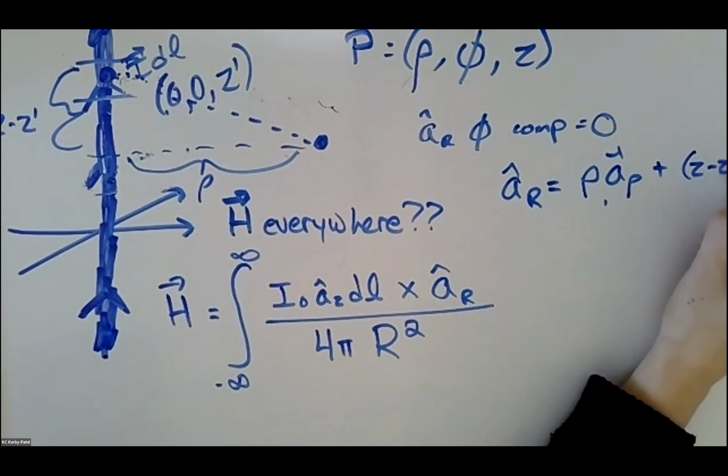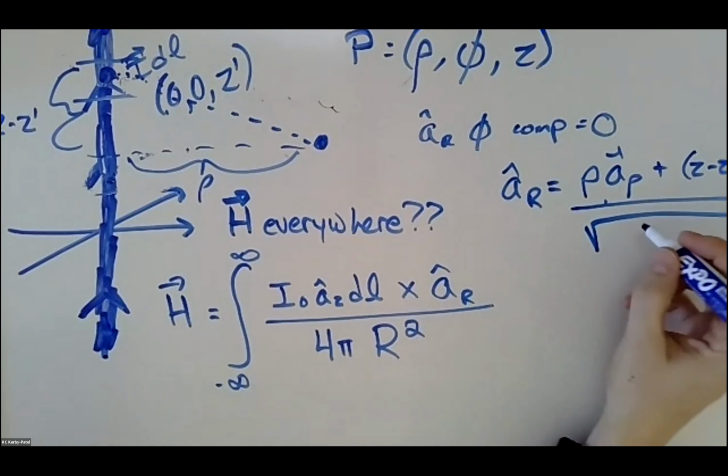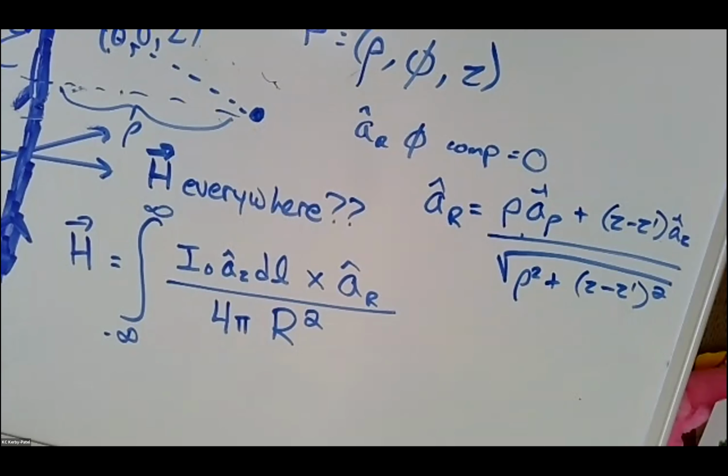Plus z minus z prime a hat z, all divided by the magnitude of all that. Professor, could you move the camera a little bit to the right, please? Oh, thank you. There we go. Rho squared plus z minus z prime squared. This is going to be another one of those triangle-based integral substitution situations, FYI.